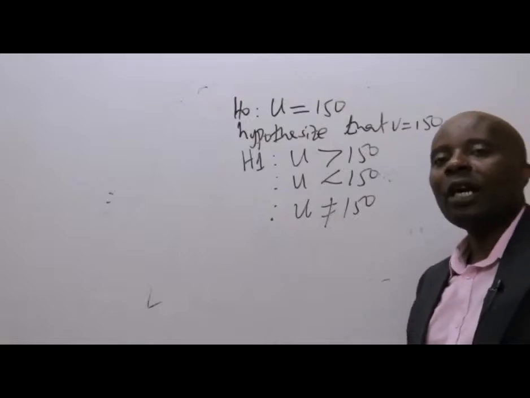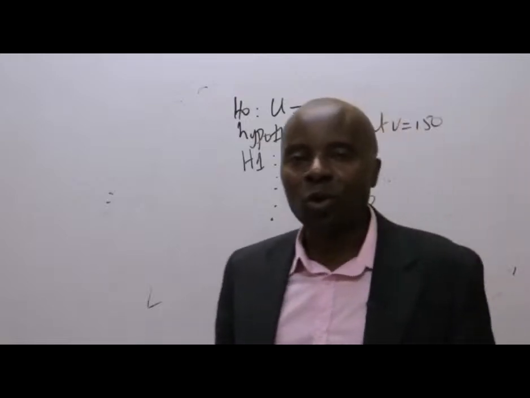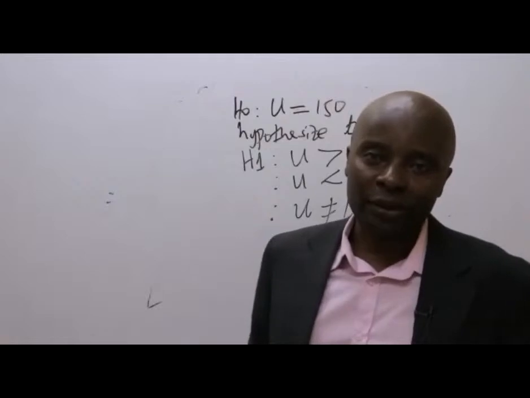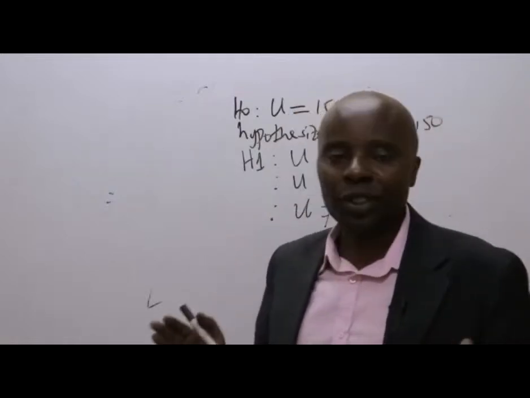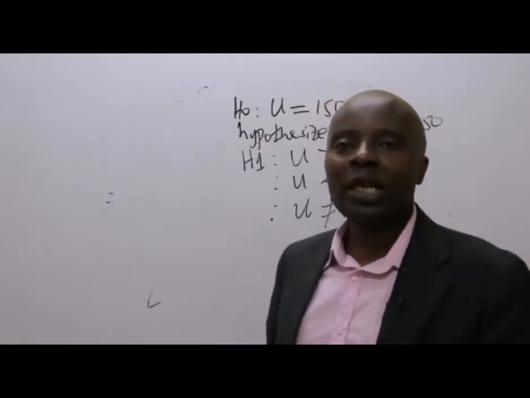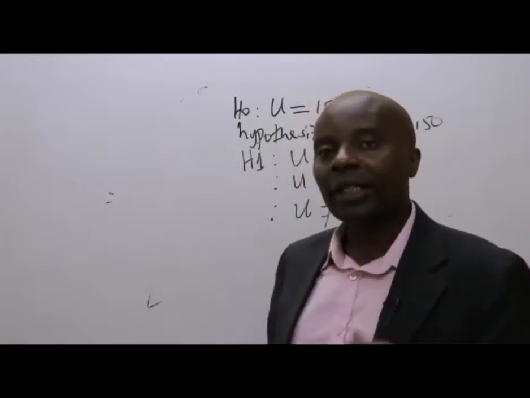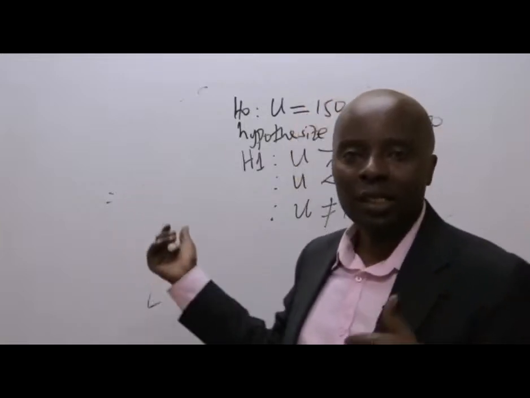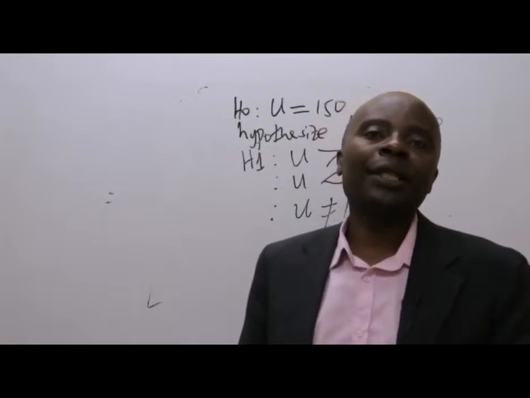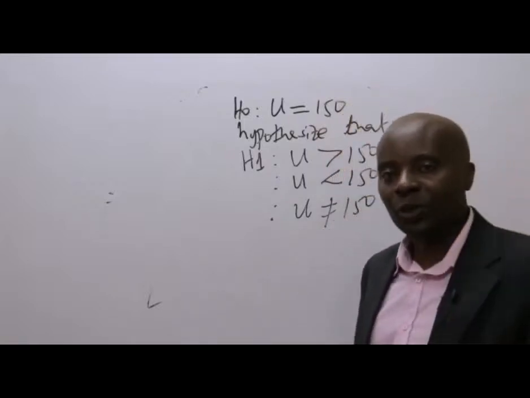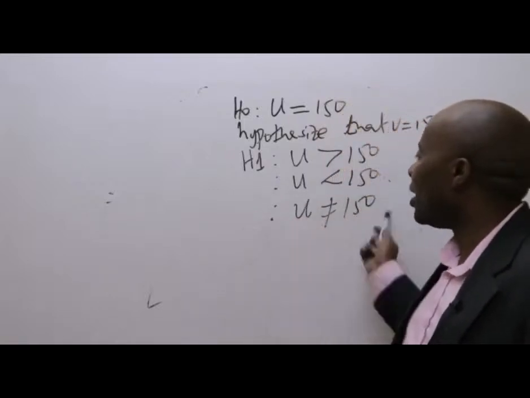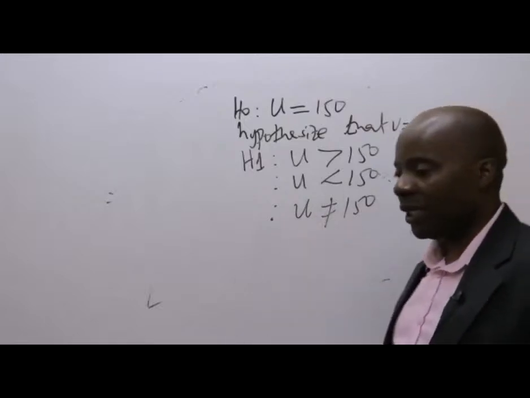So one thing I would want you to appreciate from the word go, when I go to Summit trying to assess the heights of the students, the students that I'll get will be taller than this, other students will be shorter than this 150.